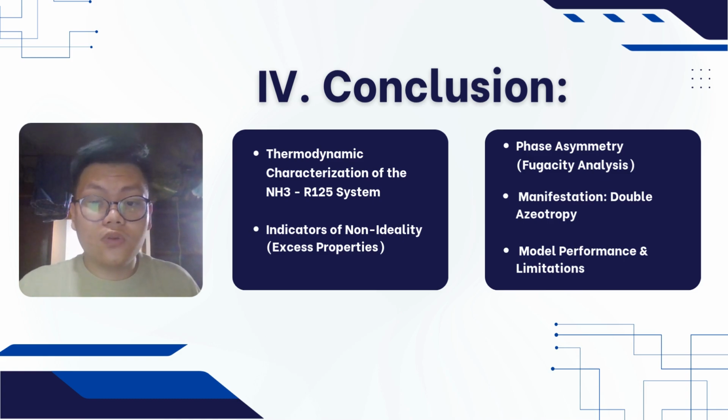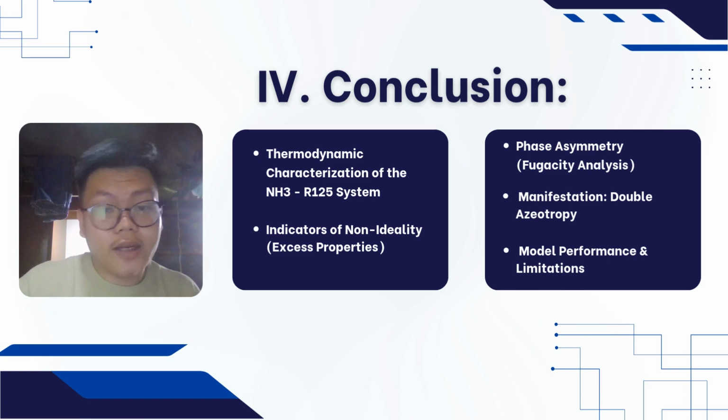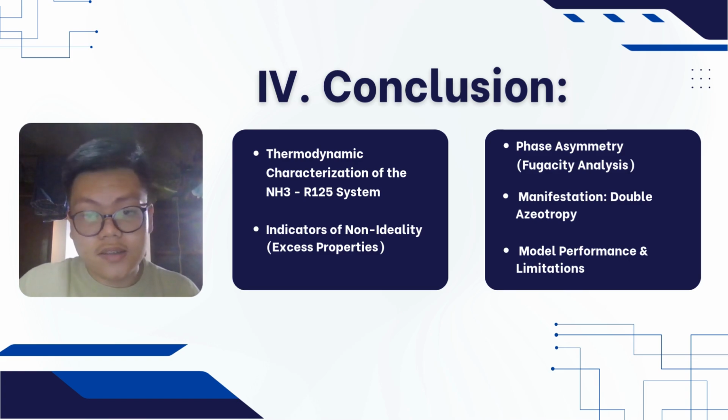So we found two conflicting factors and behaviors. On one hand, a positive excess Gibbs energy shows that the components have a reduced tendency to mix compared to an ideal solution. But on the other hand, a negative excess enthalpy and volume show that the mixing is exothermic and the molecules pack together tightly, which suggests strong attractive forces like hydrogen bonding.